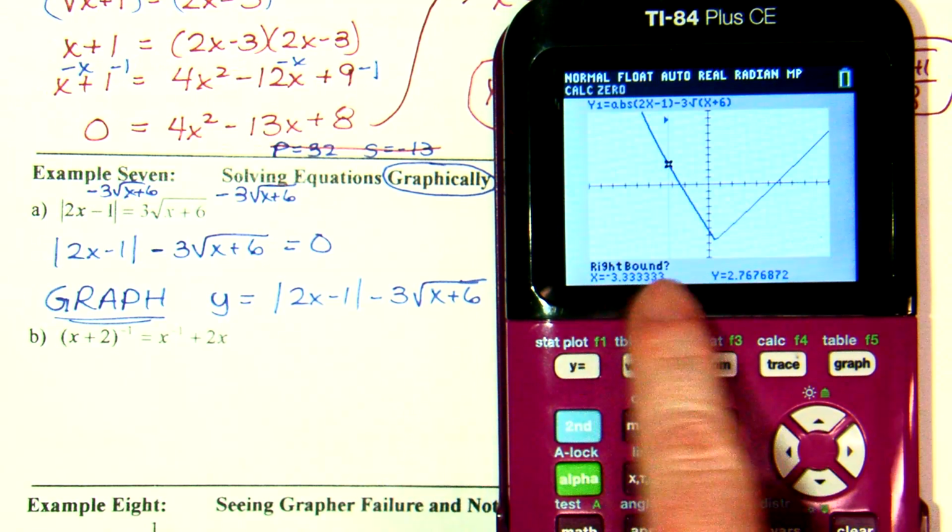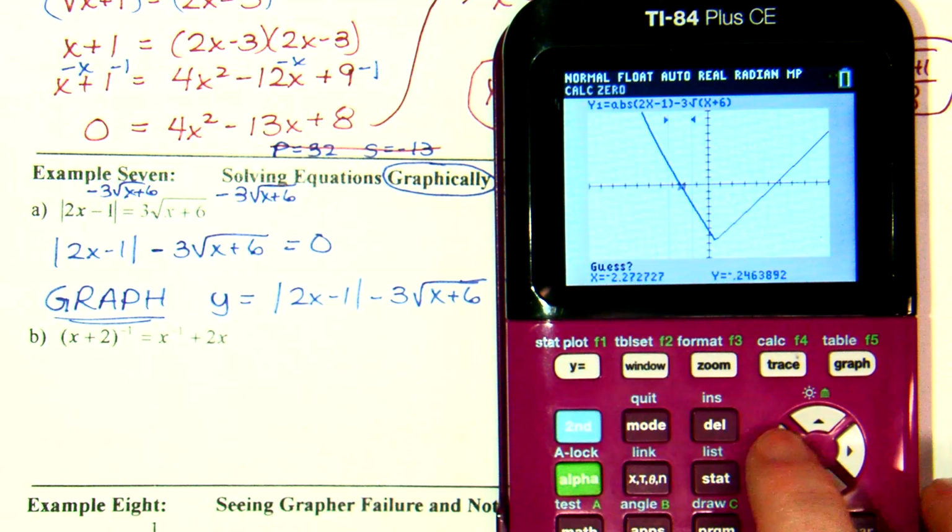I'm going to hit enter. It gives me that faint vertical line. Now it's asking me right bound. I'm going to go past it to the right. I hit enter. Notice my vertical lines are on either side. My guess, I just go back to that area and I hit enter.